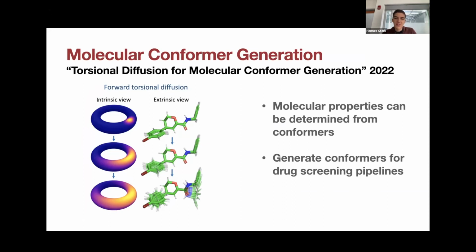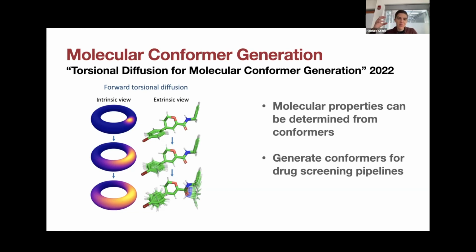If we have the ensemble of 3D structures that a small molecule can take on, then we can predict certain properties, for example, that material design requires. And these 3D structures are often used as initial structures that are then employed when screening for drug candidates.